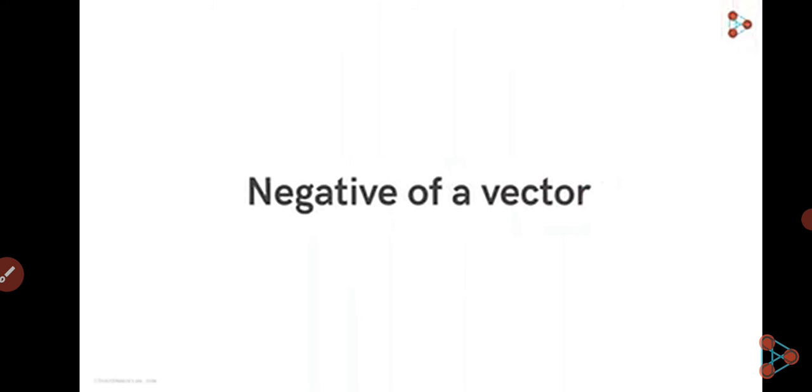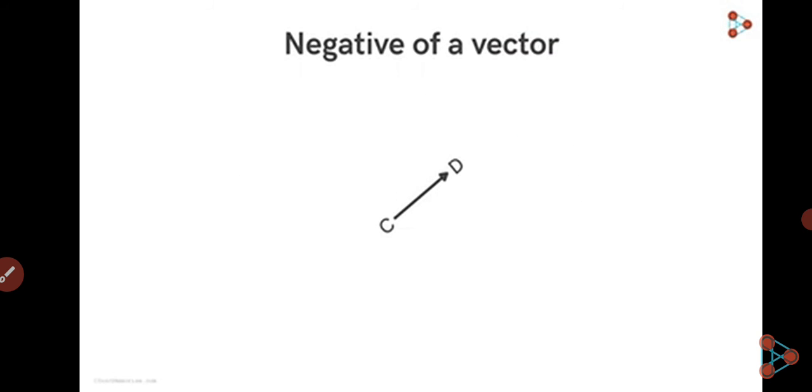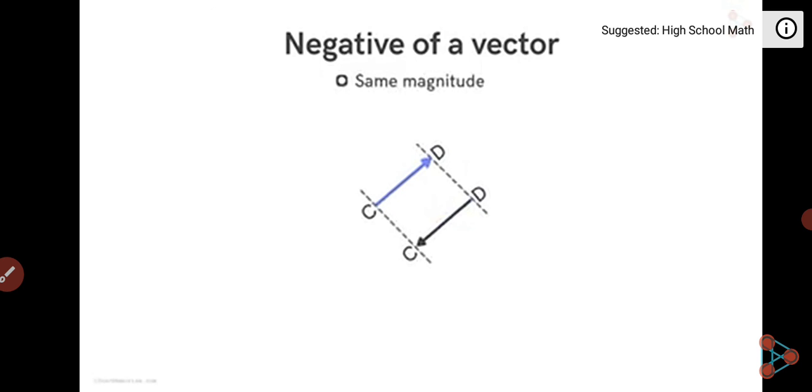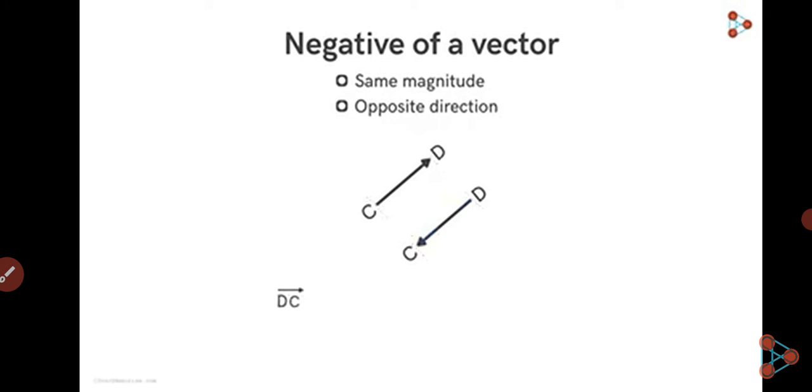Negative of a vector. Dear students, we have compared equal vectors. Now, negative of a vector means what? If CD is a vector which has magnitude as well as direction, what will be its negative? That will be the vector which is equal in magnitude but opposite in direction.